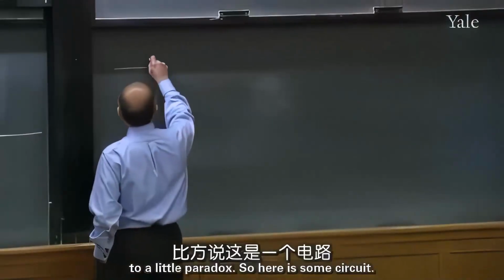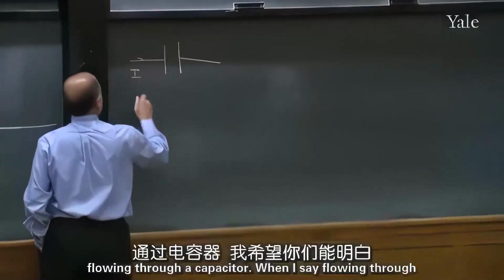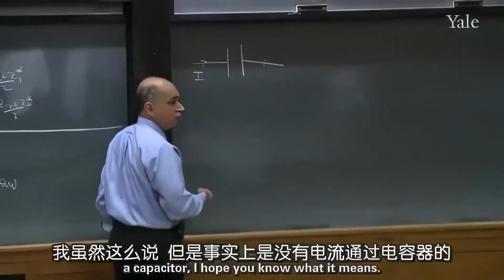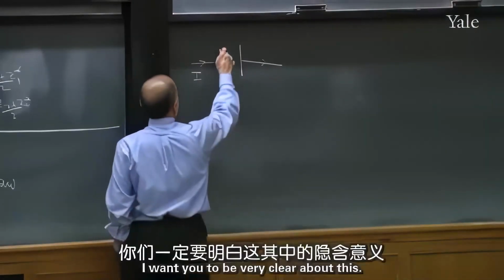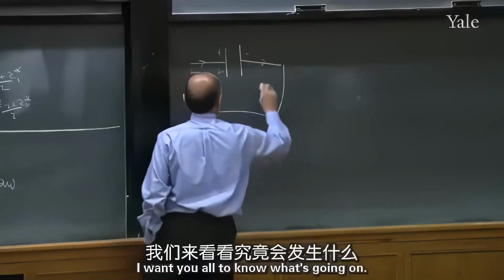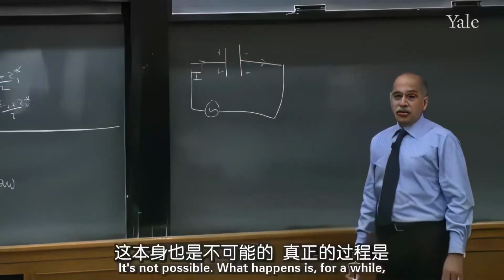So here is some circuit. We don't know where it begins and ends. We don't care. Here's a circuit where there's a current flowing through a capacitor. When I say flowing through a capacitor, I hope you know what it means. I want you to be very clear about this. Suppose you connect it to some AC source. Nothing really flows through the gap in the capacitor. It's not possible.